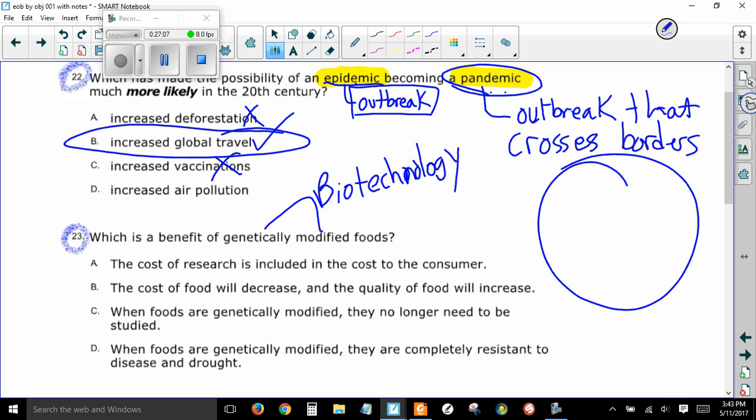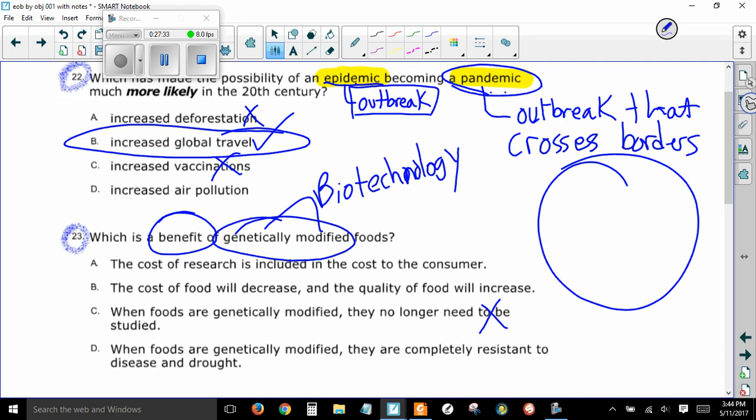When foods are genetically modified, they no longer need to be studied. When foods are genetically modified, they are completely resistant to disease and droughts. So we are looking for a benefit of genetically modified foods. They are going to be studied for a very long time. They're being studied now. They'll probably be studied for the next 50 years.